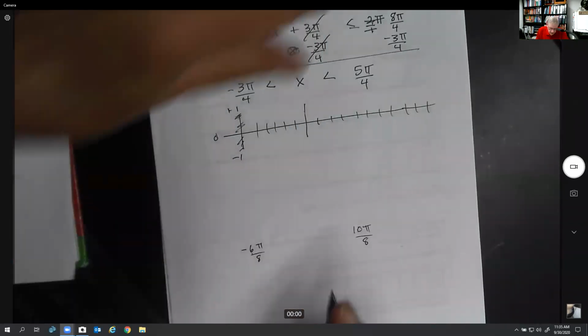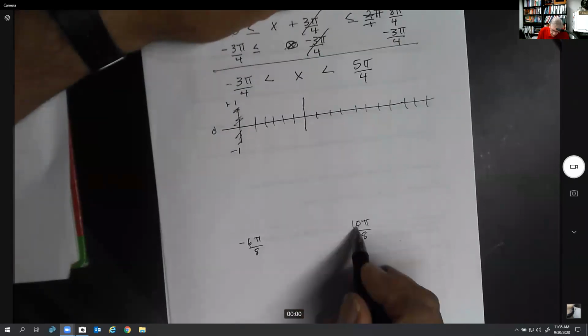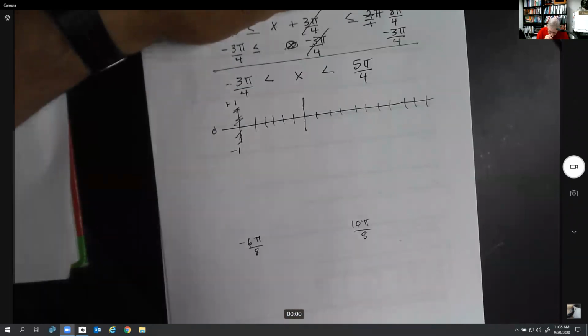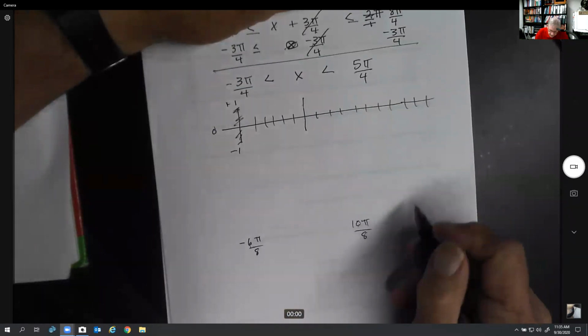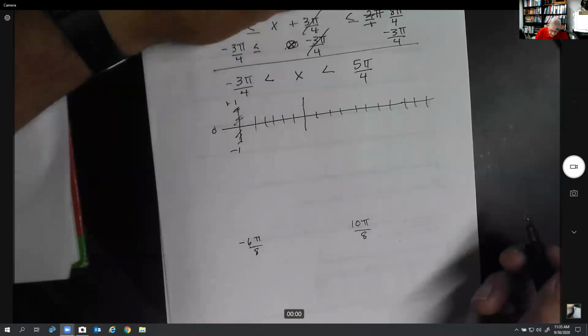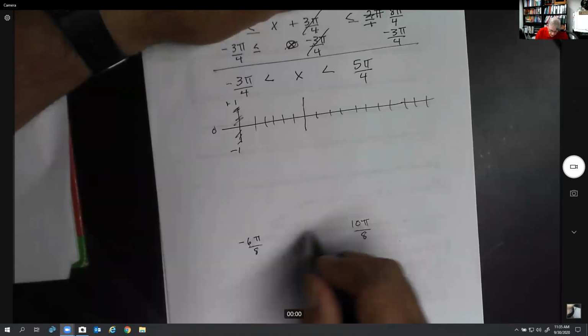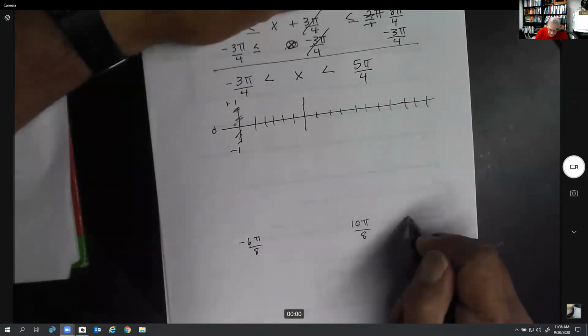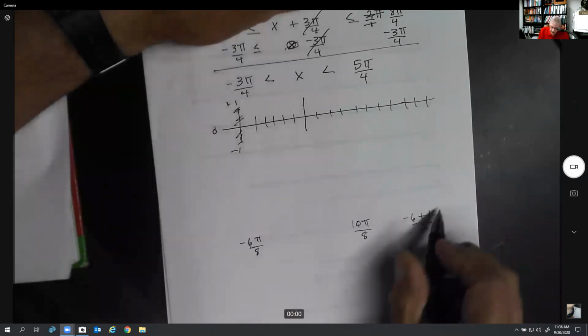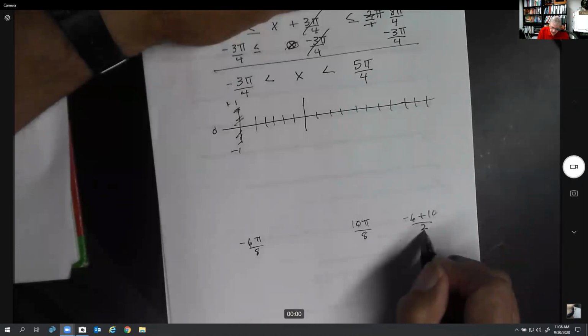Okay. So I need a halfway point between these. How am I going to find my halfway point? I'm going to add negative 6 plus 10. What's negative 6 plus 10? That would be 4. And then I'm going to split that in half. So negative 6 plus 10 divided by 2 is 4 divided by 2, which is 2.